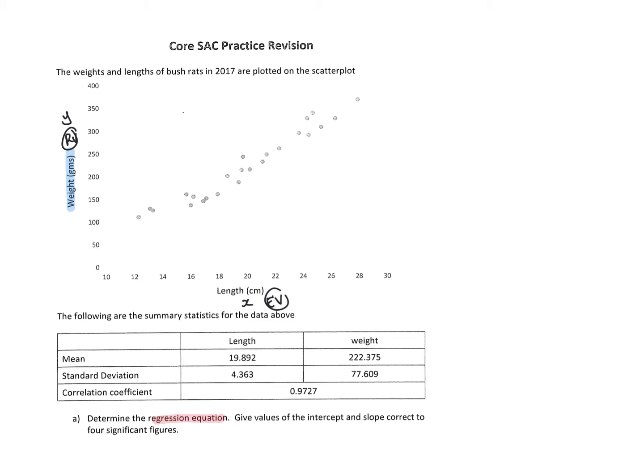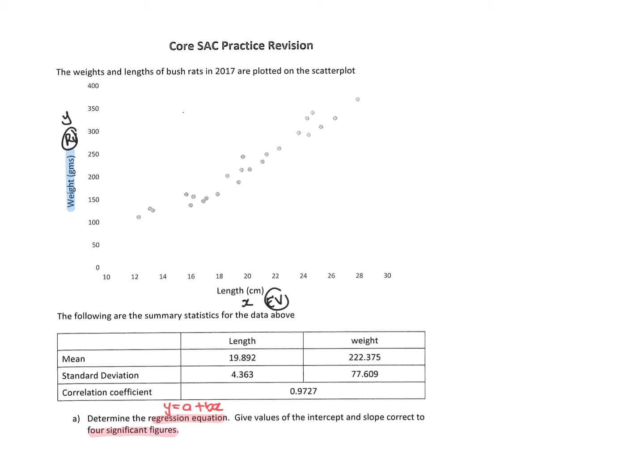So the regression equation is always going to be, when they want that, y equals a plus bx. But obviously y in this case is weight, and x in this case is length. And another important thing is that we want 4 significant figures.